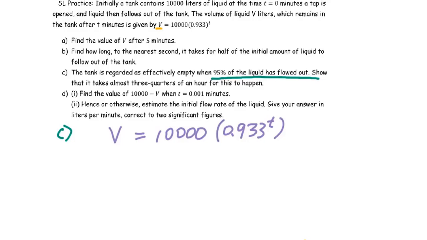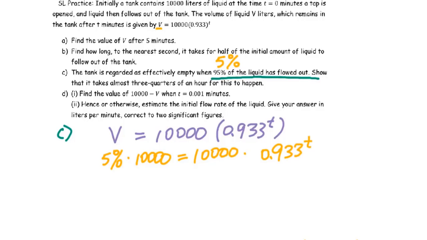Since this V means the remaining liquid, that means when 95% of the liquid has flowed out, only 5% is left. So for this V, you will get 5% times 10,000. That's V equals 10,000 times 0.933 to the t power.